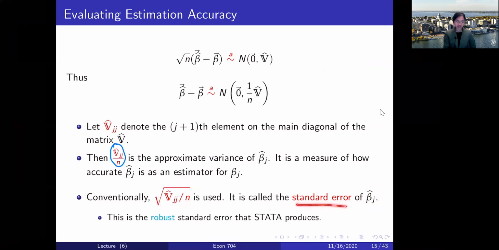That standard error is the robust standard error in Stata, the robust standard error that Stata produces.